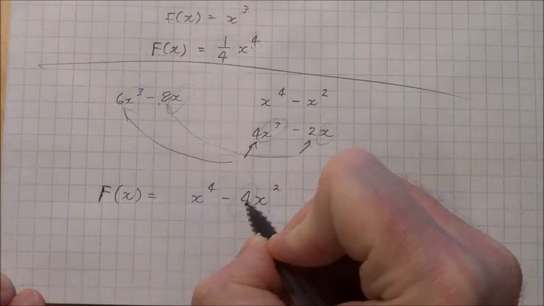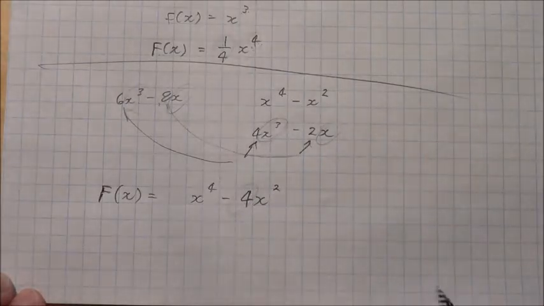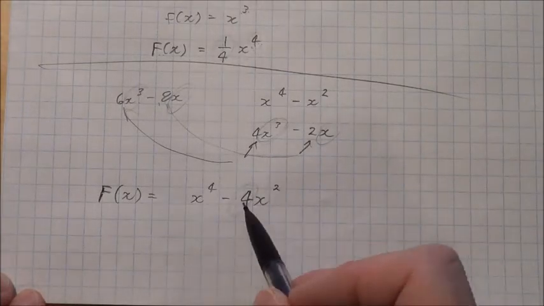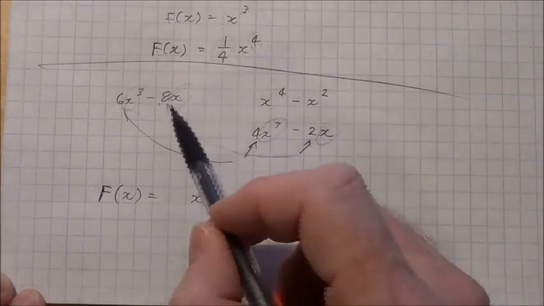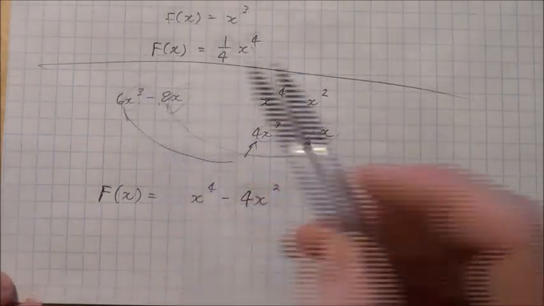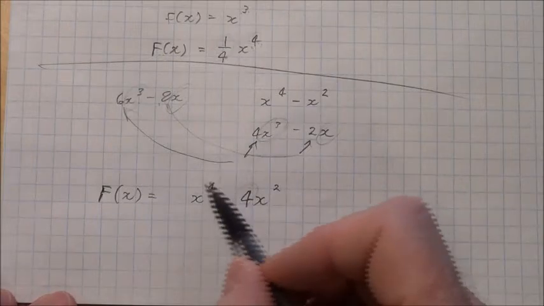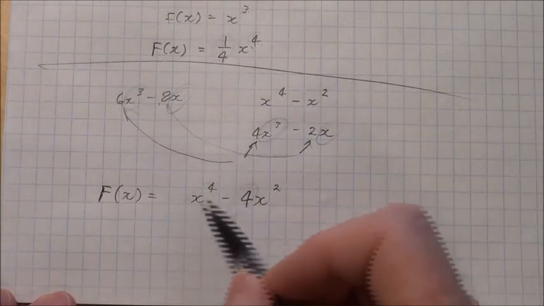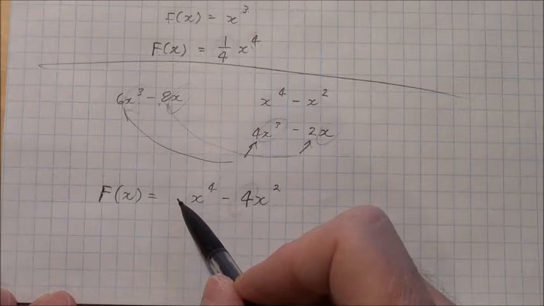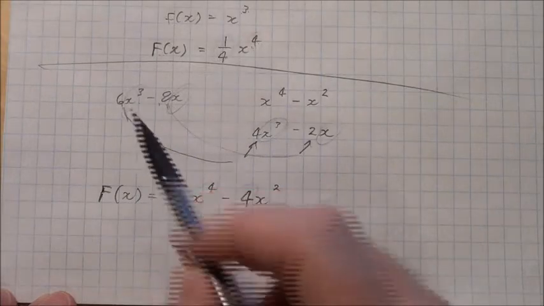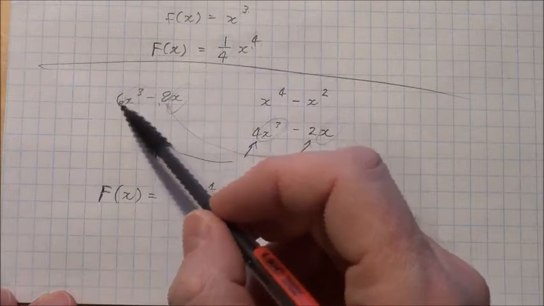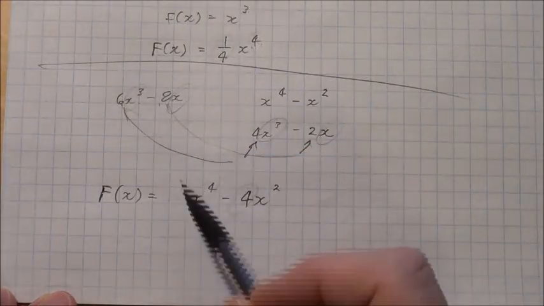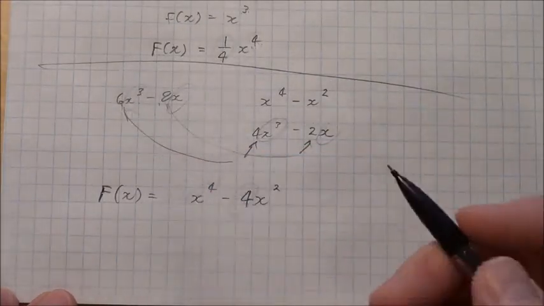Well, we're going to start off with a 4 there. When you take the derivative of this, the 2 that comes down in front, 2 times 4 is 8, gives us this. That takes care of that. Now here, when you differentiate this term, the 4 comes down in front. We don't want a 4 in front there, we want a 6. So what can we do here so that we get a 6 when we multiply by 4?